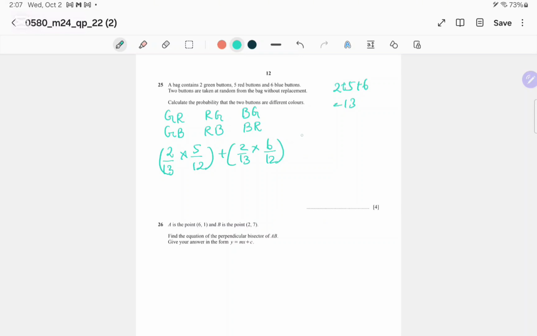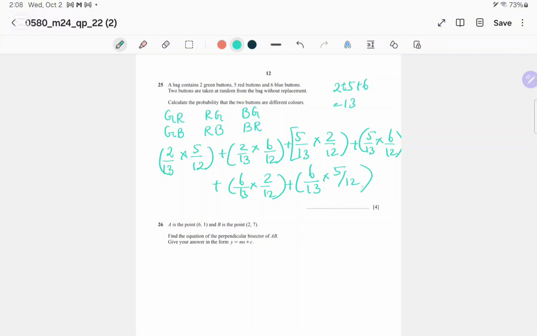Again plus 5 by 13 into 2 by 12, plus 5 by 13 into 6 by 12. Again for the blue and green, it is 6 by 13 into 2 by 12, plus 6 by 13 into 5 by 12.